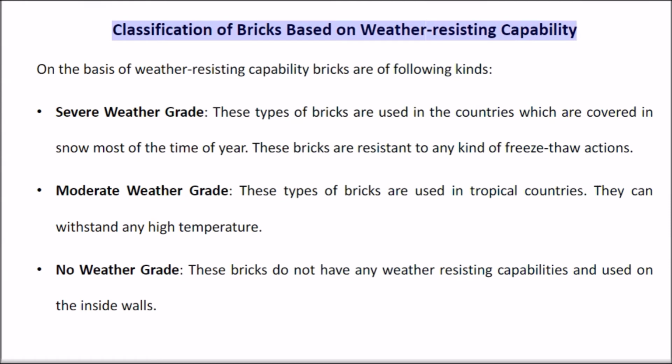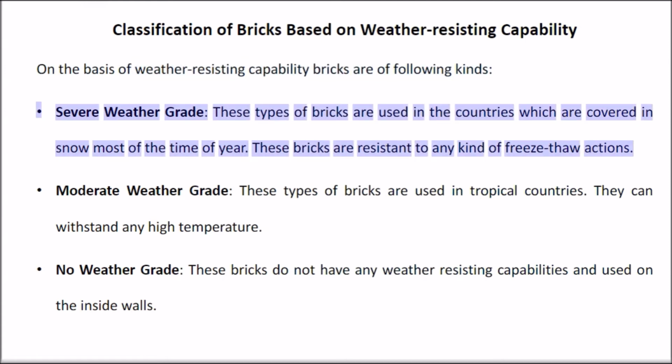Classification of bricks based on weather-resisting capability. On the basis of weather-resisting capability, bricks are of the following kinds. Severe weather grade. These types of bricks are used in countries which are covered in snow most of the time of year.